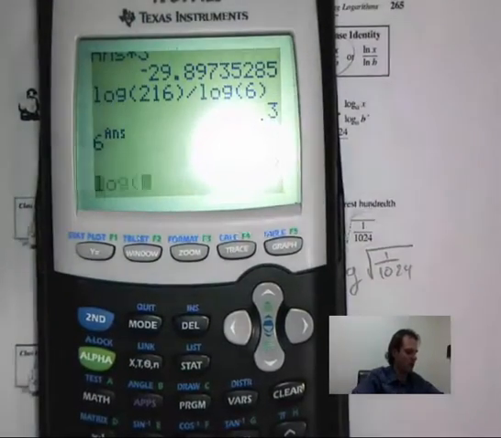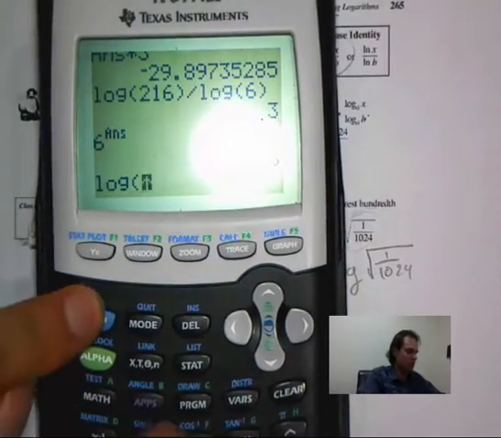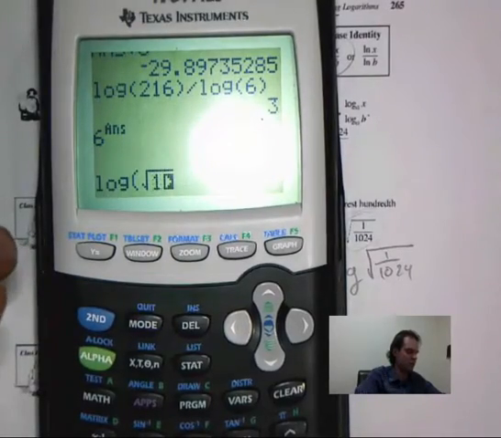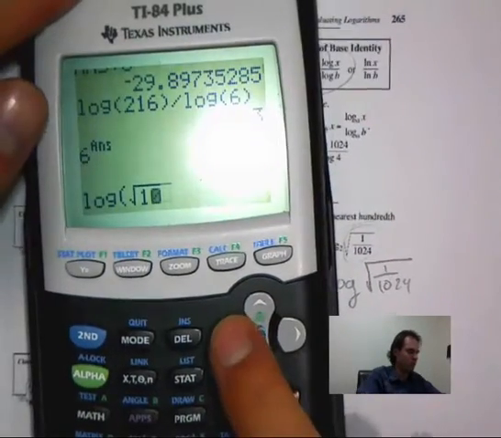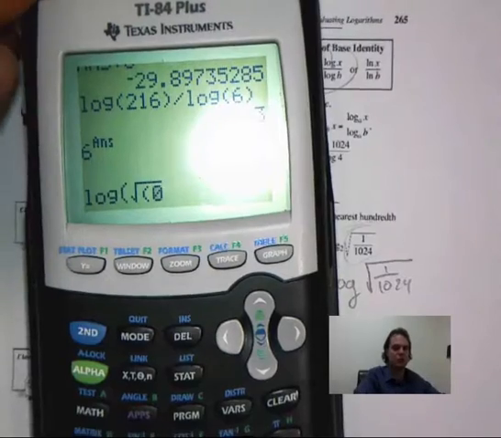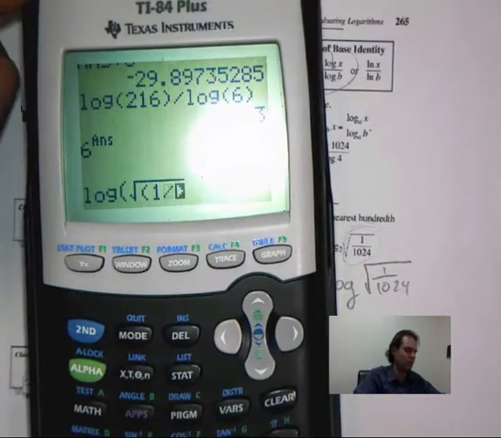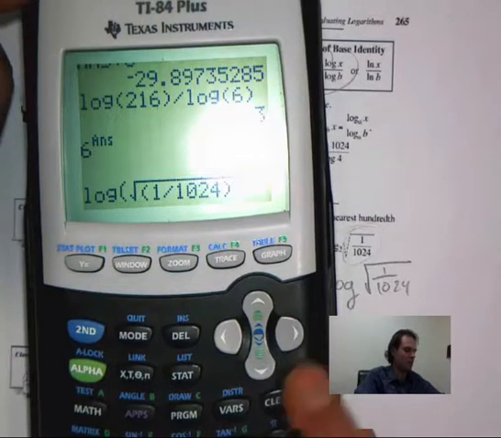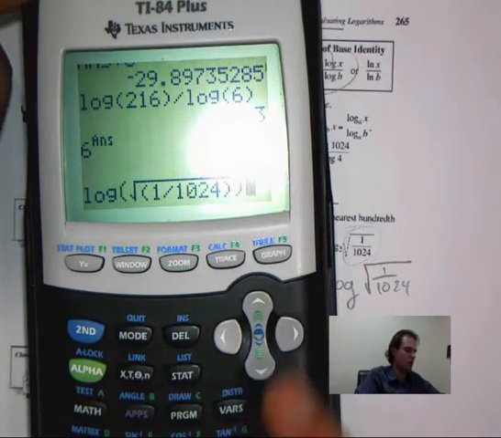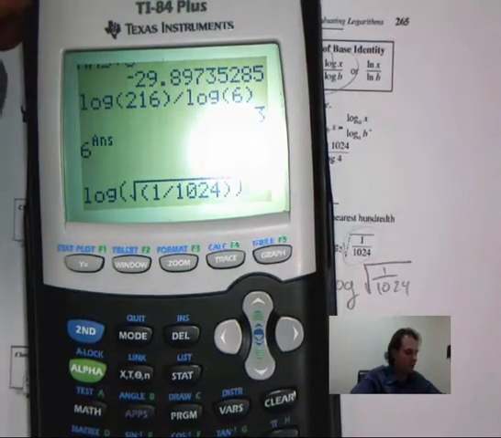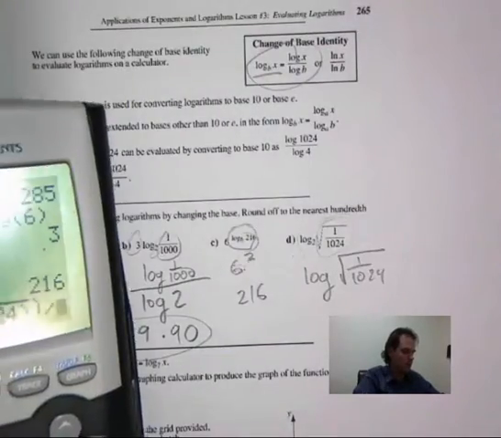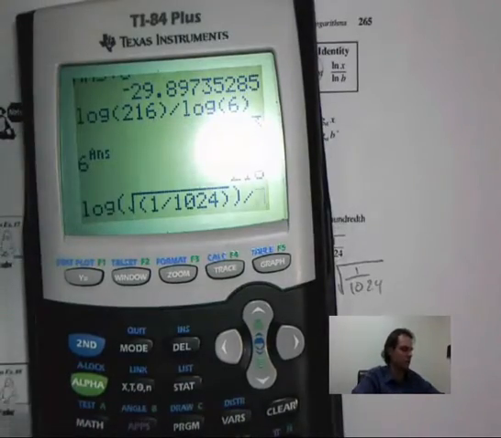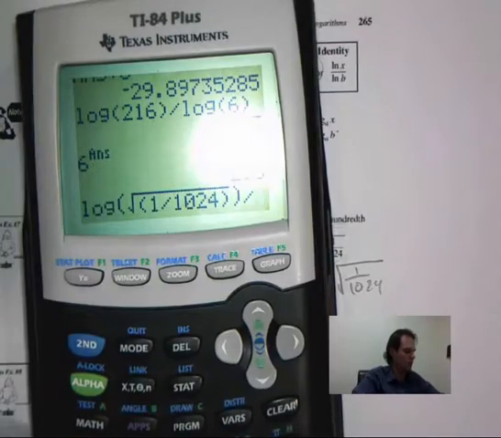So we have log, and we're going to square root of 1 over. Put in my brackets, make sure they're put in. 1 divided by 1024 bracket, and we're out of the bracket. And we're dividing that by log 2, because that's my base. So we divide that by log 2.